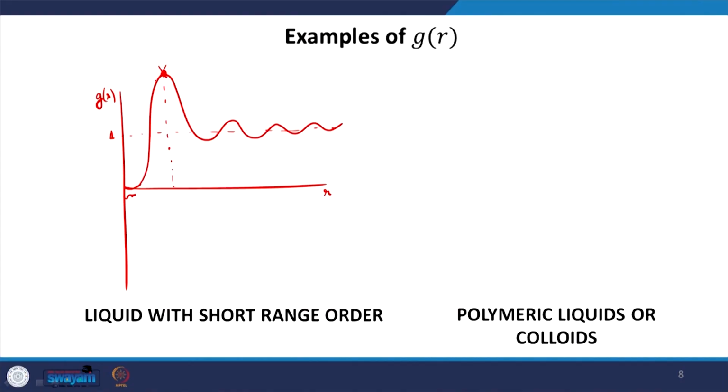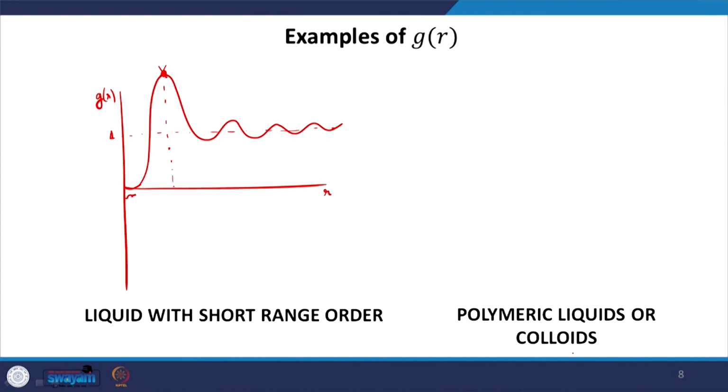So, although in a liquid it is not a crystalline or very clear order, still every molecule will be surrounded by the other molecules by relatively weaker interactions, and you will have first nearest neighbor, second nearest neighbor, and so on. The average distance where the first nearest neighbors are located is what is represented by the first peak here.